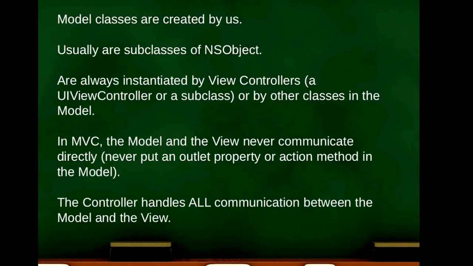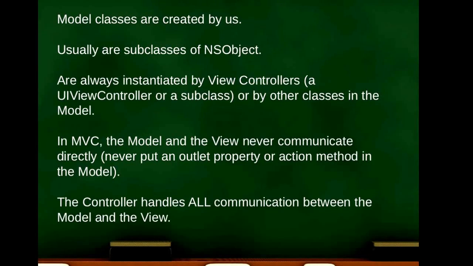Model classes, we've talked about views and controllers. Model classes are created by us, and they're usually subclasses of NSObject or one of its near subclasses. The model itself as an entire entity, whether it's one class or several classes, is always instantiated by some view controller.